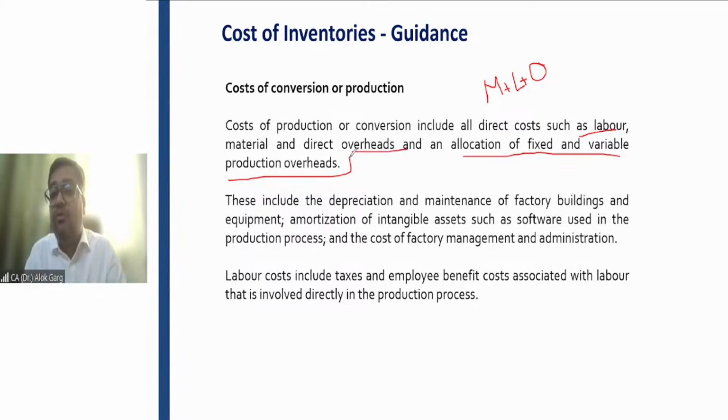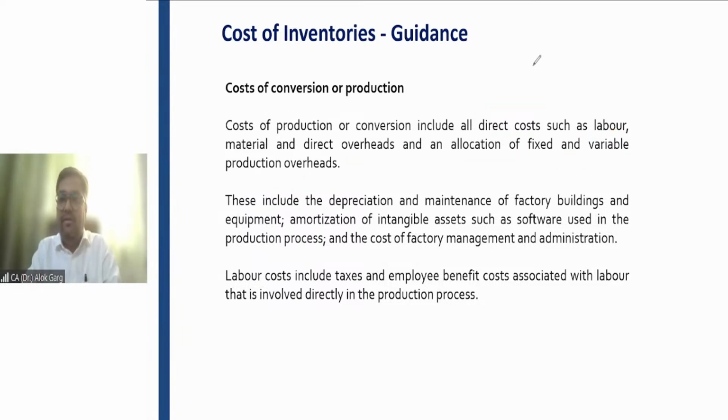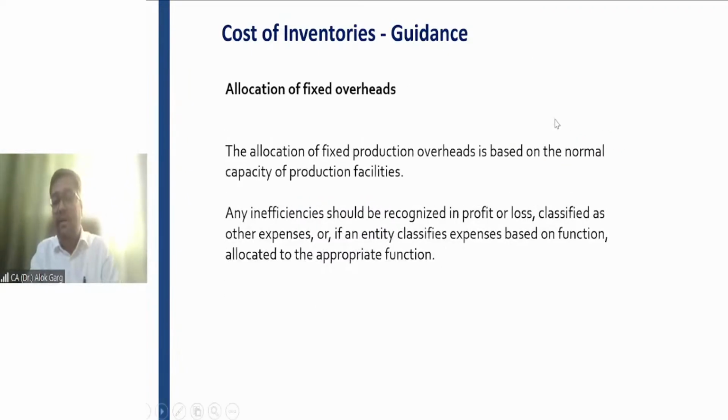But the direct cost like labor, which is involved in that production, the material, the overhead, which is directly related to that production, that is a direct cost. But there are some indirect costs also, depreciation and maintenance of the plant and machinery, your rent of the factory building. These have to be allocated to the cost of production. So there could be some fixed cost, there could be some variable production overhead. So this is known as a cost of conversion.